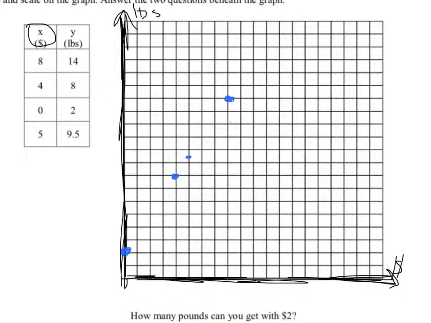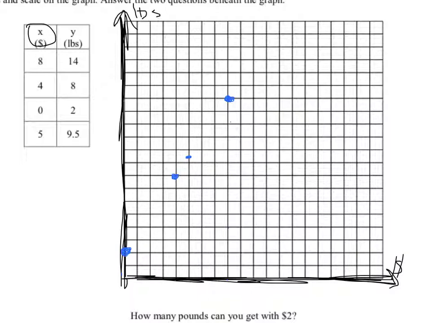One thing that a lot of people did not do is they did not use a straight edge. And the straight edge is really important because if we're going to use this graph to answer the questions, which a lot of you tried to do, then we need something to be as accurate as possible.